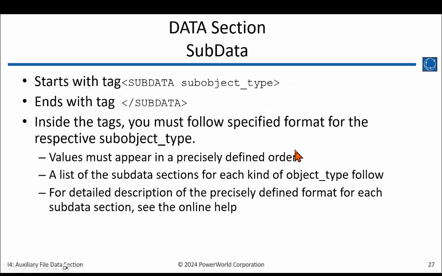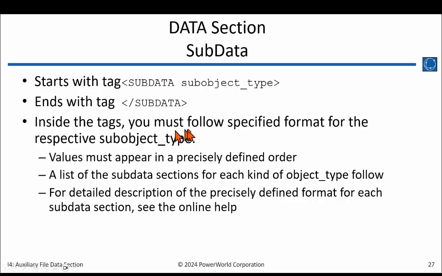So the next slide just goes over some syntax. When SUBDATA does occur, it's got the little less than bracket and greater than bracket that enclose it. It's got the word SUBDATA and then the SUBDATA object type name, and then the SUBDATA exists underneath that, and then it closes with this tag right here.